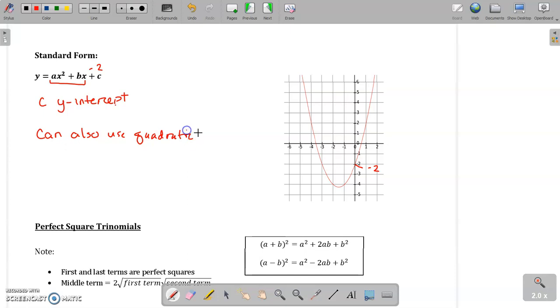So you'd like to get it into factored form, use the quadratic formula to find the roots or the zeros or the x-intercepts for the factored form, and then you'd have to solve for the a. Or you can complete the square, and that's going to be our next section, next video, to get the vertex form of the equation.